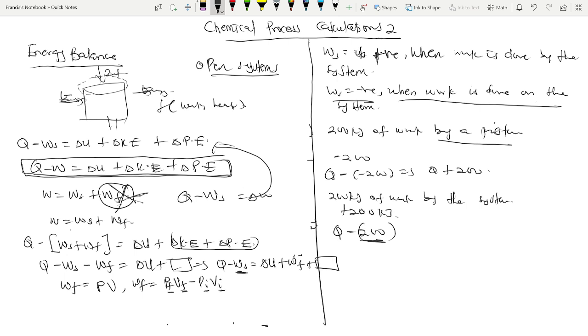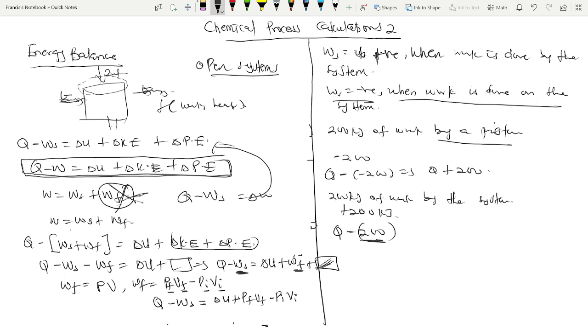Our shaft work here can't really be solved for because it's actually work associated with the moving parts of the system. So either they give it to you in the question, or you can solve it from the equation. But actually putting a fixed equation for it is not possible. So Q minus Ws is equal to change in U plus flow work, which becomes PFVF minus PIVI.